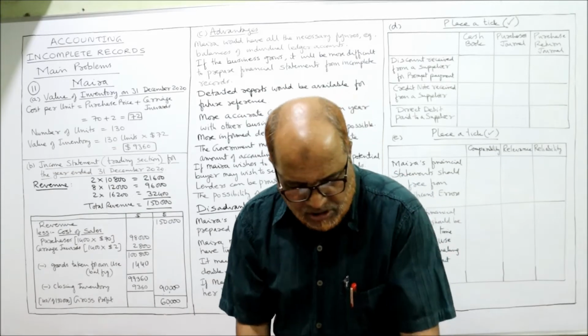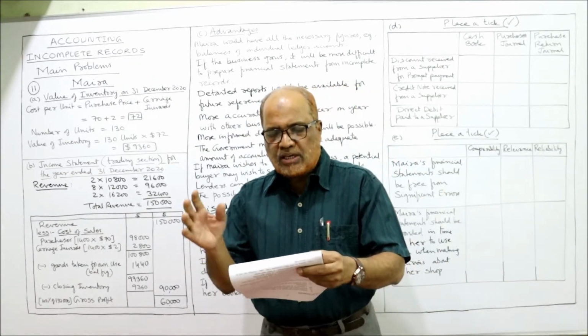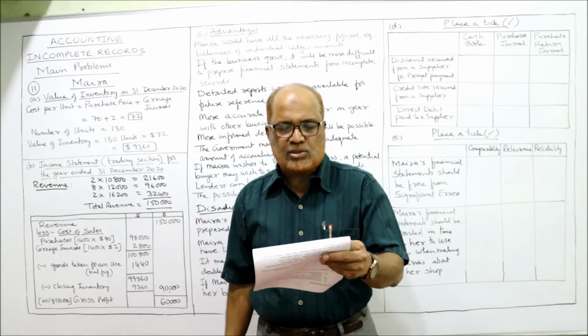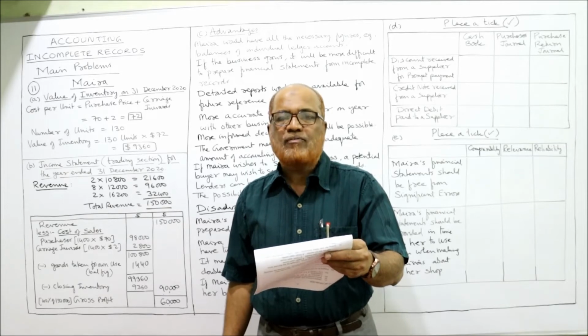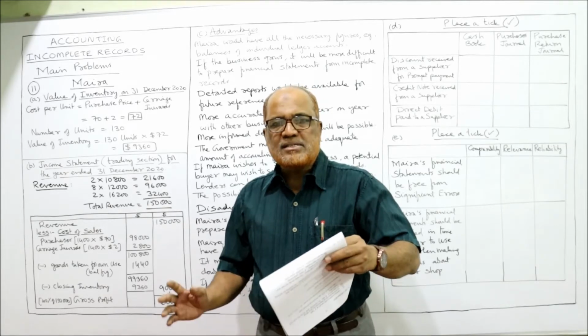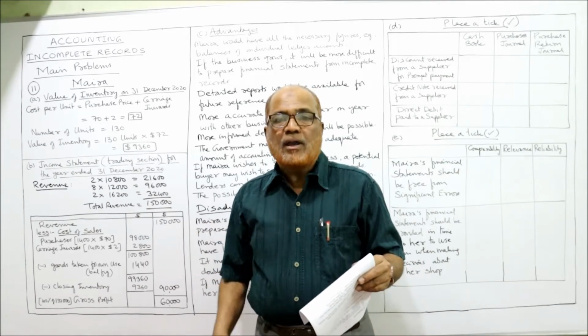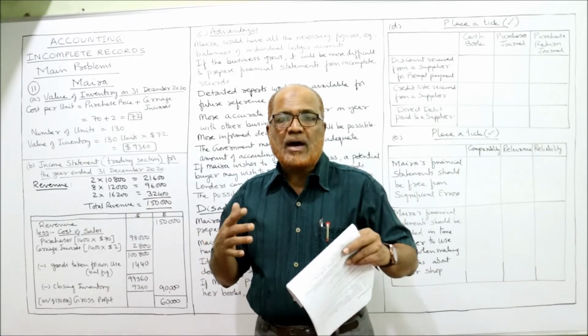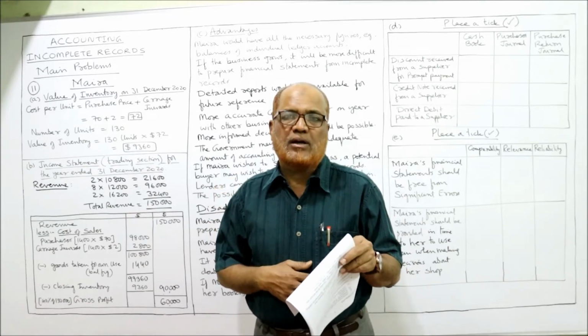Now, next paragraph. Myra has been too busy to keep a full set of accounting records. However, she is now considering using double entry bookkeeping for her business. Presently, Myra is not keeping any complete system of bookkeeping. Now Myra is thinking that she should keep a complete system of accounting.